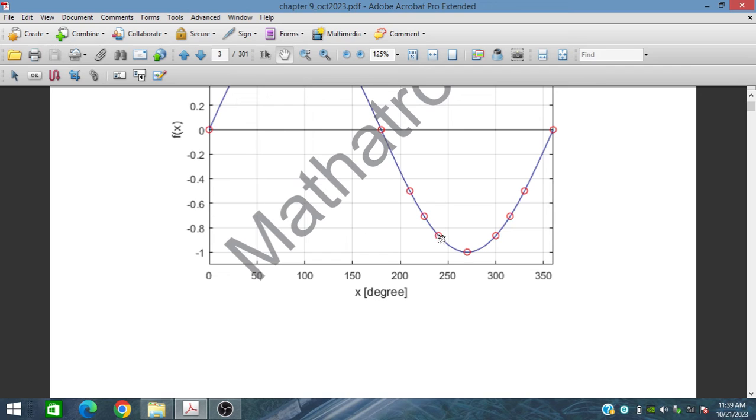At this value we have minus 0.866, minus under root 3 upon 2, and at this value we have minus 1. Again at 300 we have minus under root 3 upon 2, and this is minus 1 over under root 2. This is minus half, this is 0.